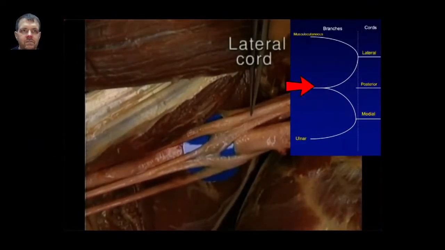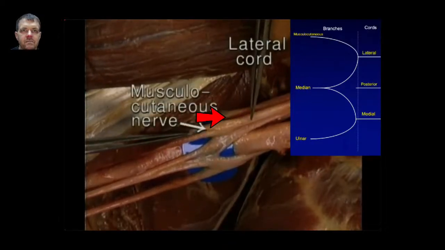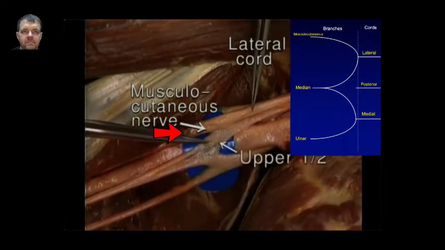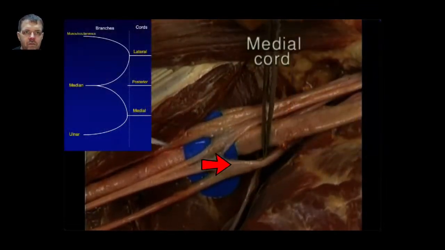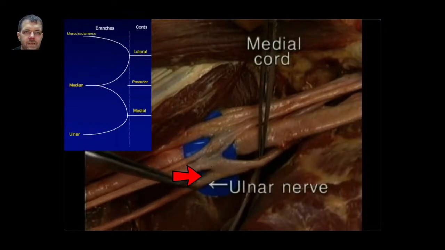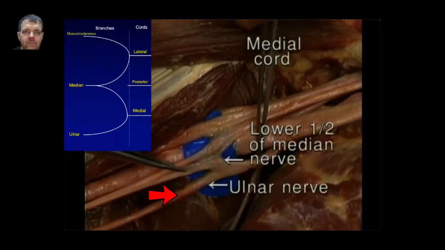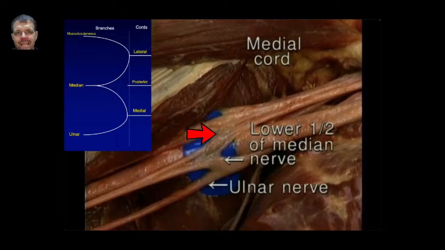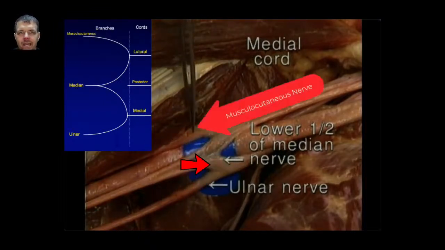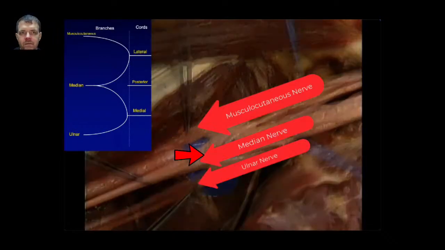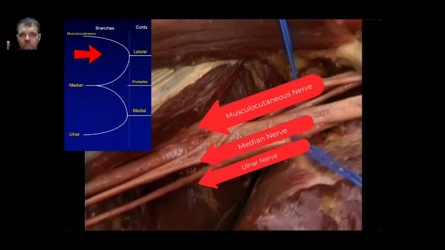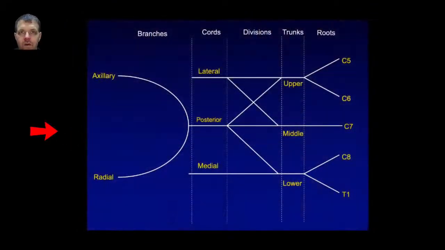So median in the middle, just there. There's your musculocutaneous. There's the median, upper part. There's the lower part of it. And then there's the ulnar nerve just there. Okay, so it makes an M shape, with the median in the middle. So musculocutaneous, median, ulnar. Those are your terminal branches that then go off down the arm.